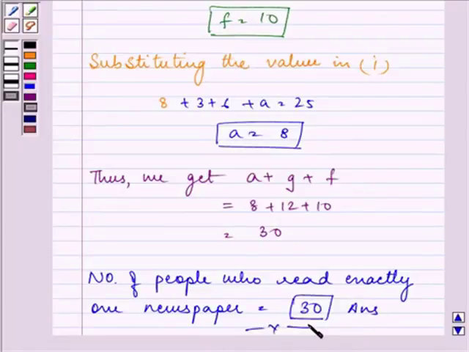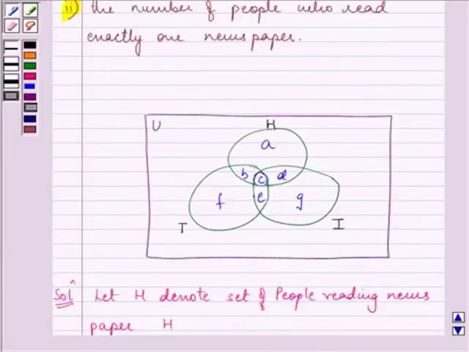So I hope you enjoyed the session, and in the last part we found out the values of A, F and G because we wanted to find out the people who read exactly one newspaper, and A belongs here, F belongs here, having no intersection and no elements are repeated over here.